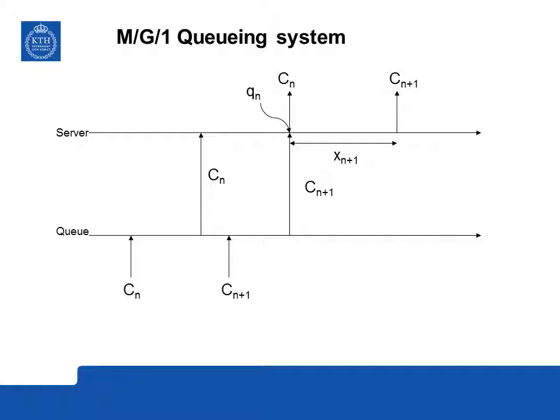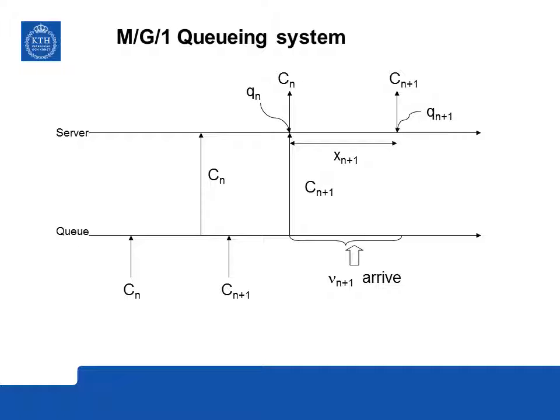And when customer n plus 1 leaves the system, he will leave Qn plus 1 customers behind in the system. And if the queuing system is stable, then the queue sizes Qn plus 1, Qn plus 2, and so on have to form a stationary process, which means that the statistical properties of Qn and Qn plus 1 must be the same.